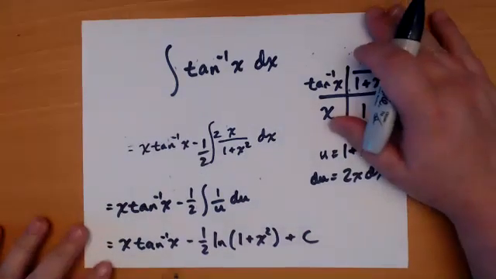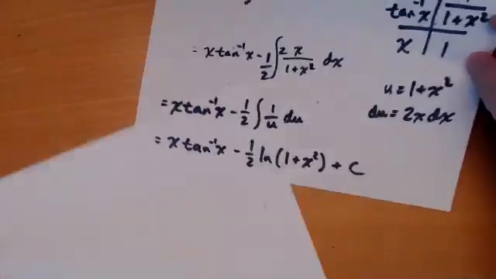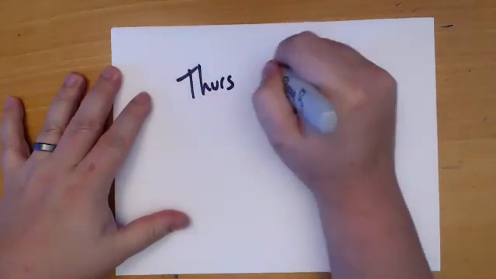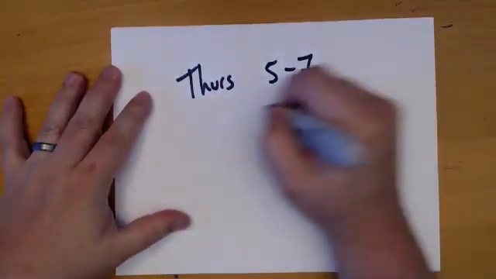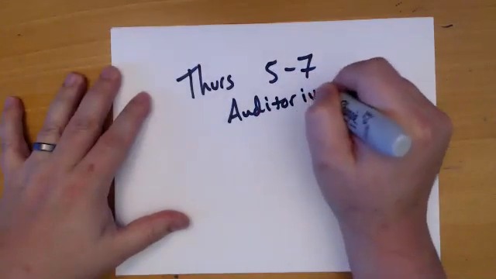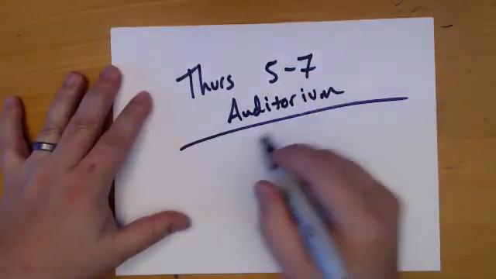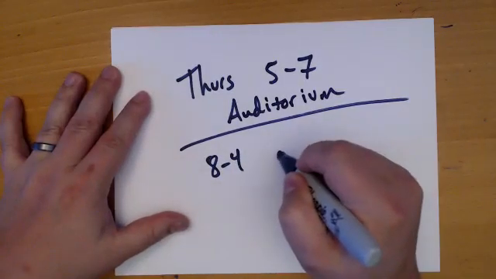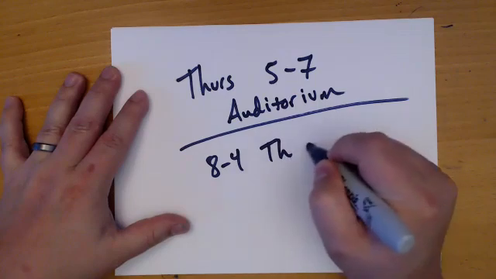There are two ways that you can get the textbook. Thursday from 5 to 7 in the auditorium, or 8 to 4 Thursday or Friday.